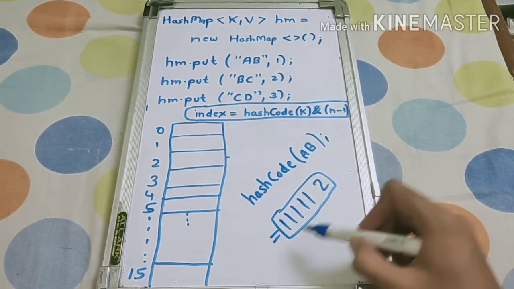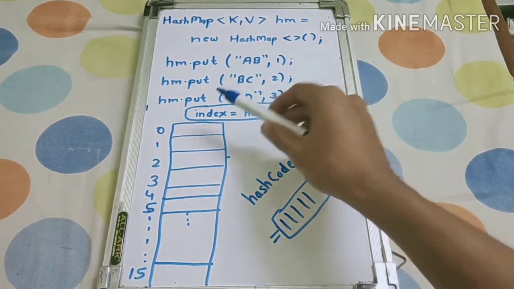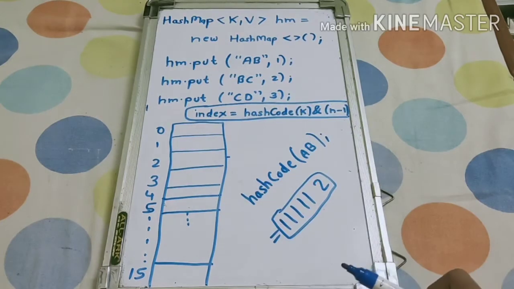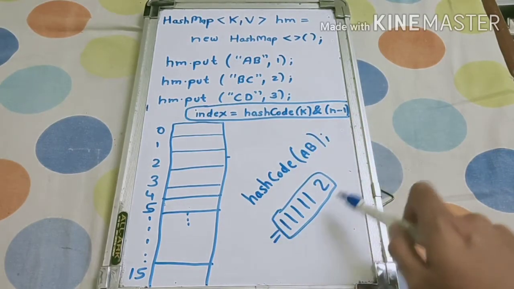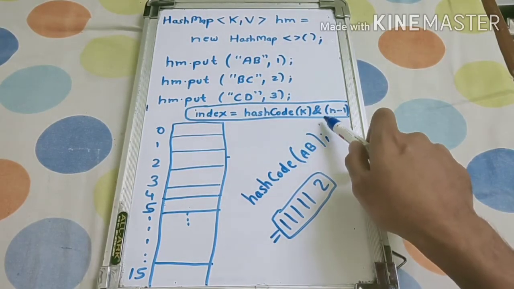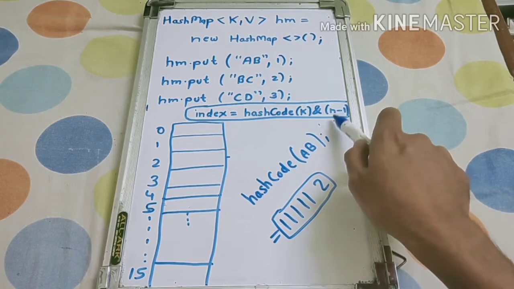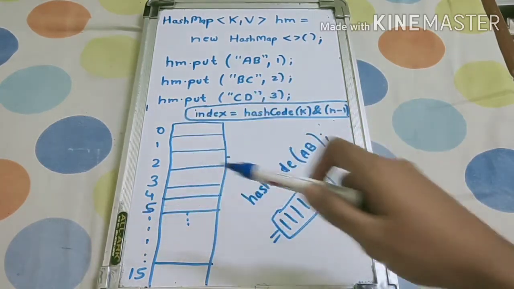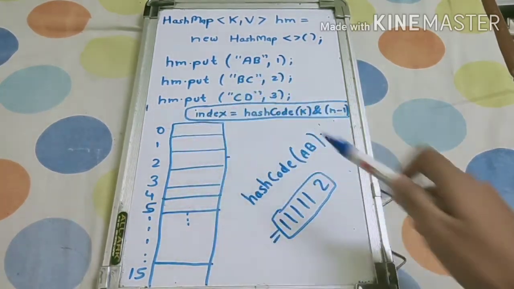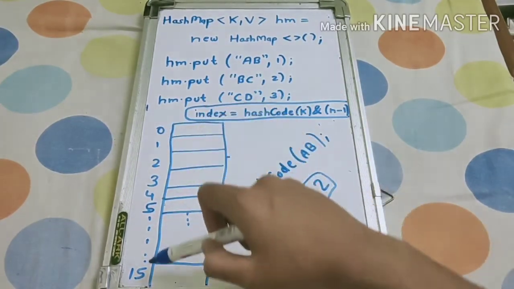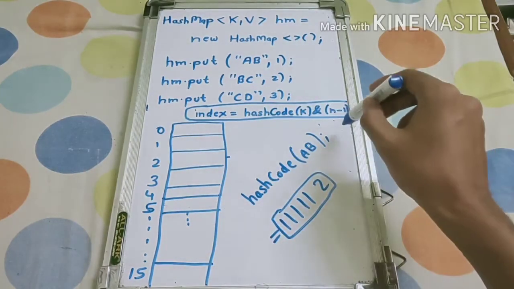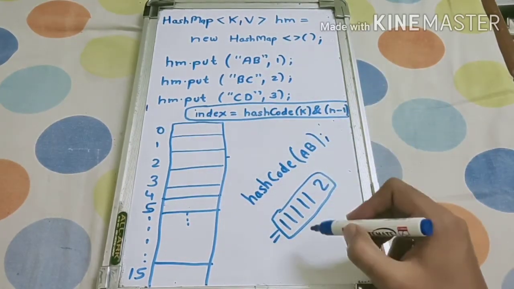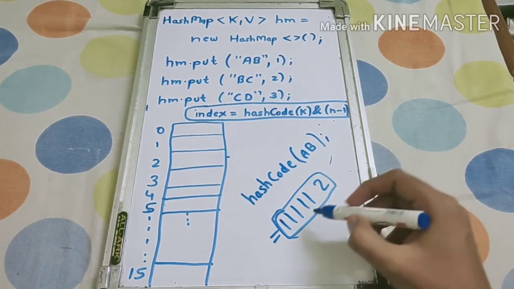So after we get the hash code, the next step is to calculate the index. The index is calculated as the hash code of k, that is, the value we have got, using an AND operation with n minus 1, where n is the total size of the hash map. Here n will be 16, as the total size is 0 to 15. So it is an AND operation of this value with 15.